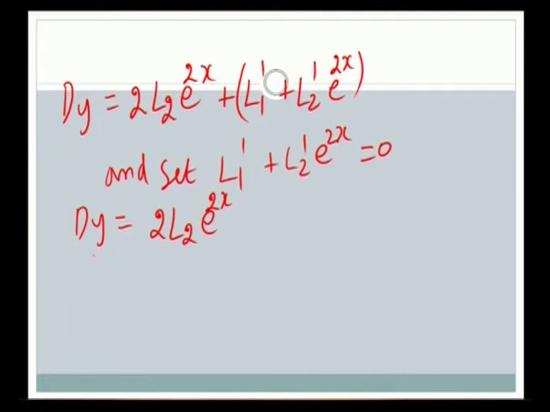Next, we need to differentiate this once again, because the order of the differential equation is 2. So, it should be differentiated 2 times.